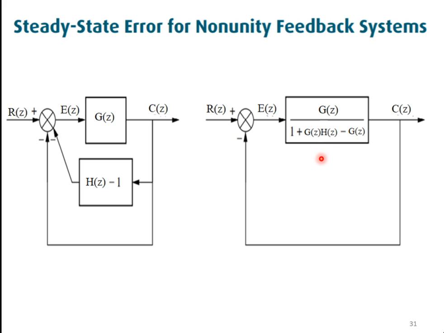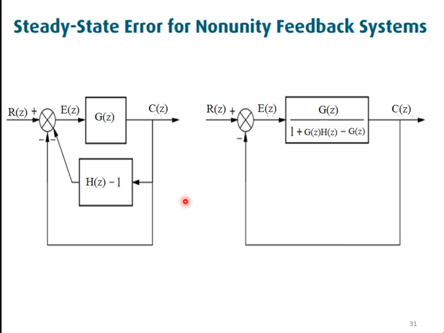So it will be G(z) minus G(z), and you will end up with G(z) by 1, that is G(z) itself. So if you start with a non-unity feedback system, and if you have H(z) as unity, you can directly put that value, thereby getting G(z) itself. This is the outcome.